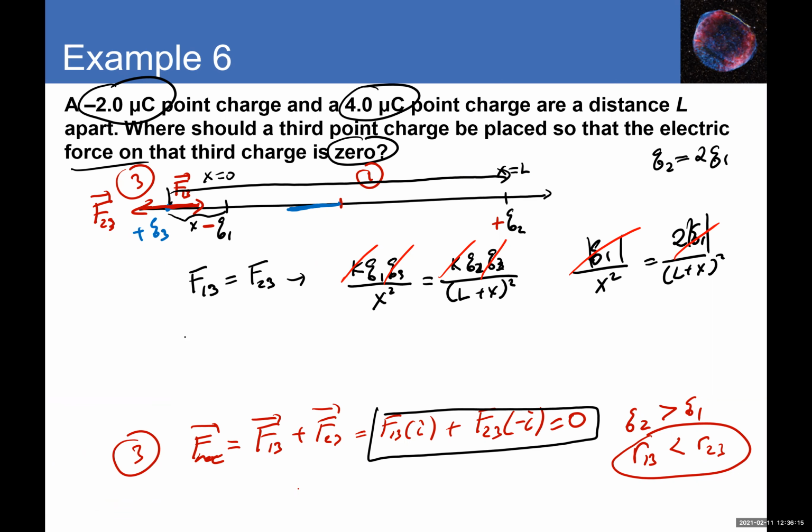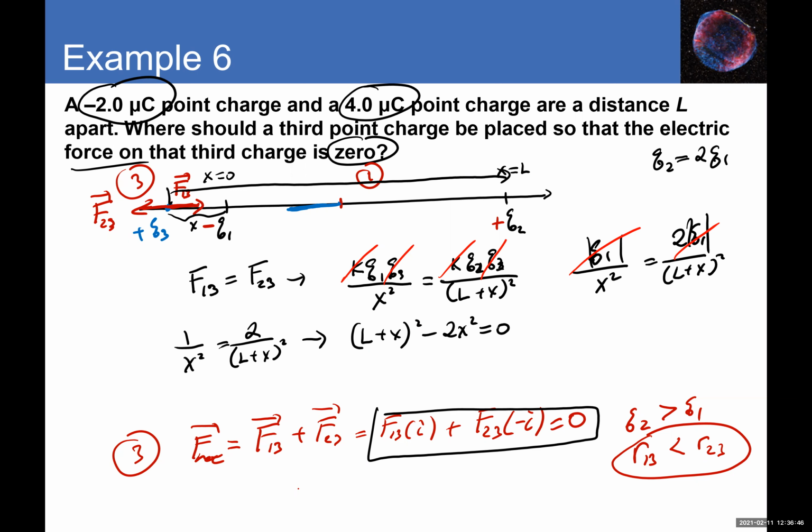So what I end up with is 1 over x squared equals 2 over (L plus x) squared. I cross multiply, then I have (L plus x) squared equals 2x squared. If I move that to the left and say this equals 0, I get 2x squared minus (L plus x) squared equals 0.